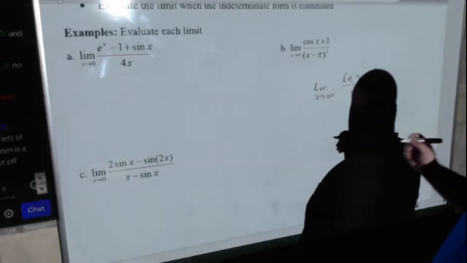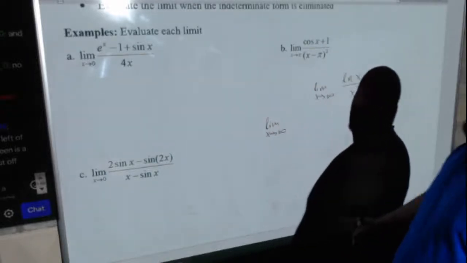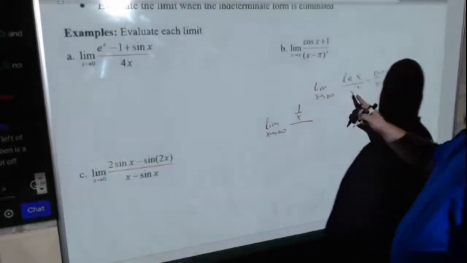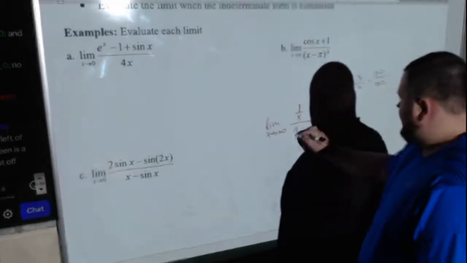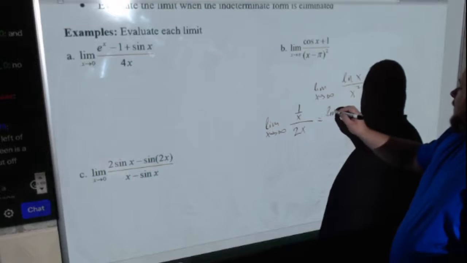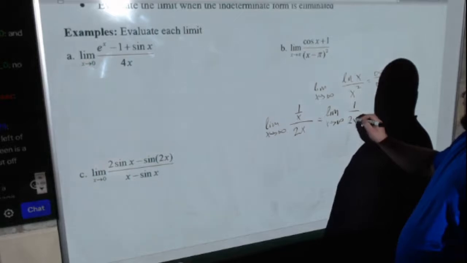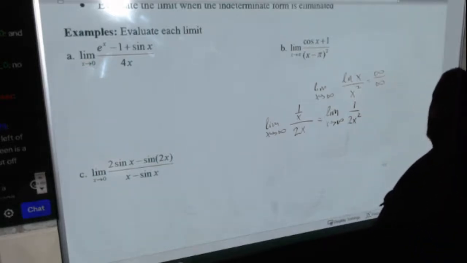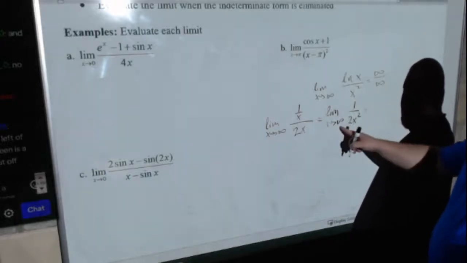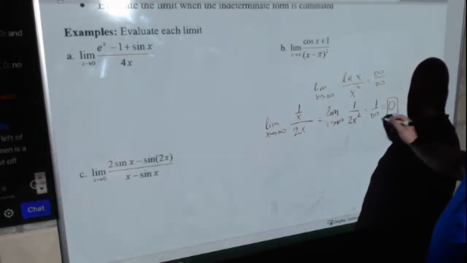And so you take the limit as x approaches infinity. Derivative of natural log of x is 1 over x. Derivative of x squared is 2x. If you simplify that before plugging in, you get 1 over 2x squared. And then if you substitute this in now, this is 0.